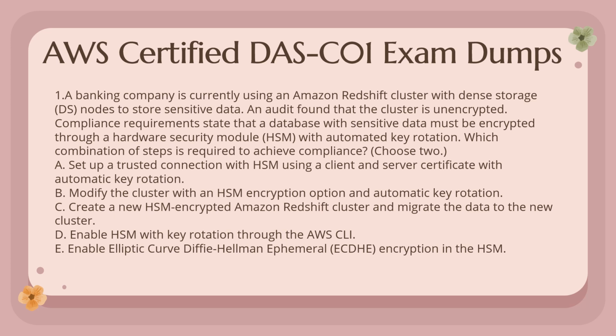C. Create a new HSM encrypted Amazon Redshift cluster and migrate the data to the new cluster. D. Enable HSM with key rotation through the AWS CLI. E. Enable elliptic curve Diffie-Hellman ephemeral (ECDHE) encryption in the HSM.